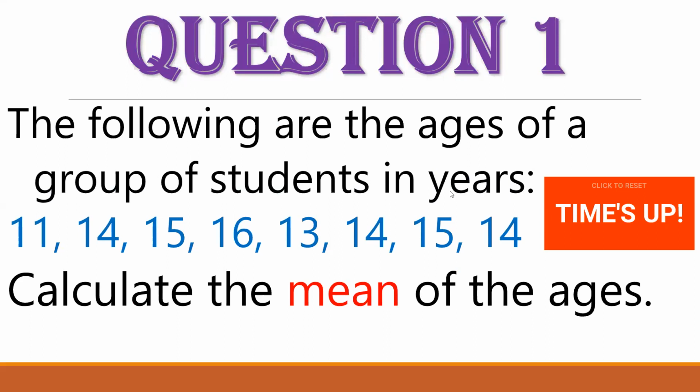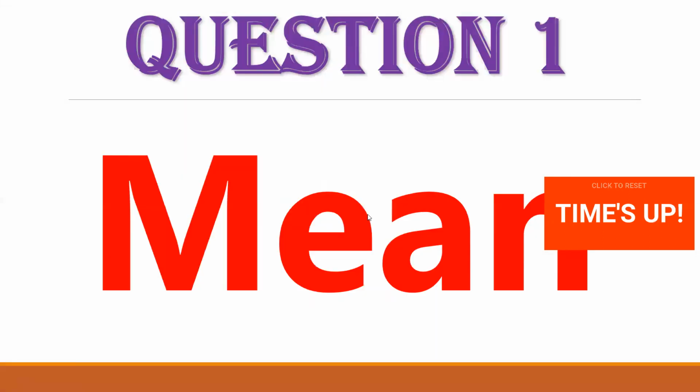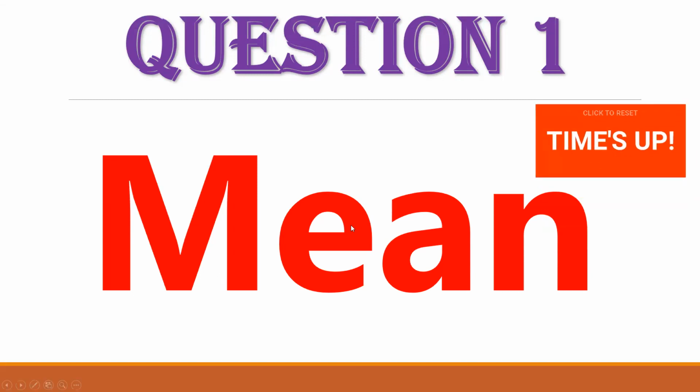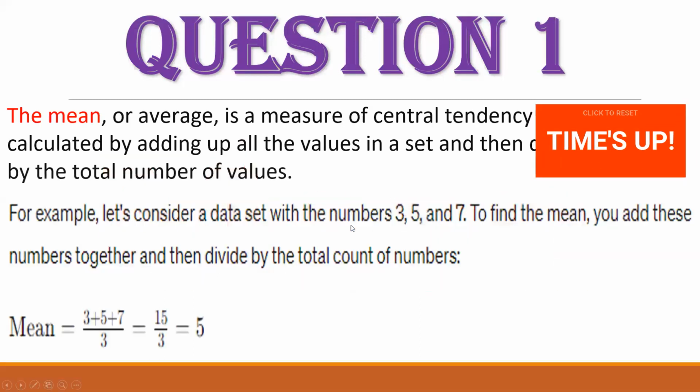Okay, question 1. Let's see what our answer is. They're asking you to calculate the mean of the age, so the mean of the group of numbers. First of all, let's explain the mean. What does it mean? Mean is average.